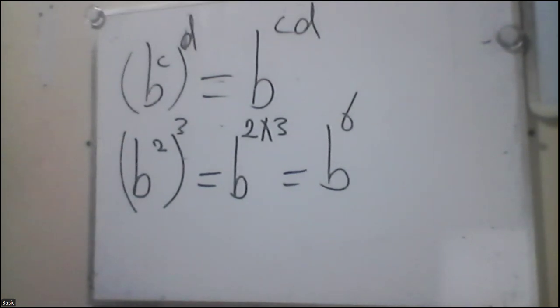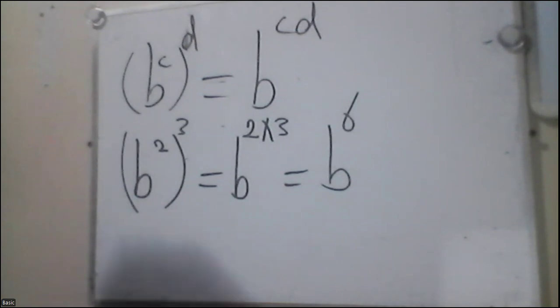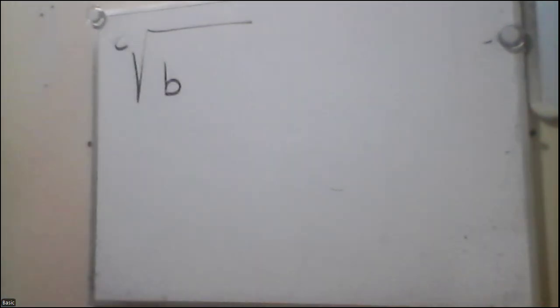The last one is the root one. So the last one is the root. If I say like this, this is B inside the bar, and this is C outside the bar.